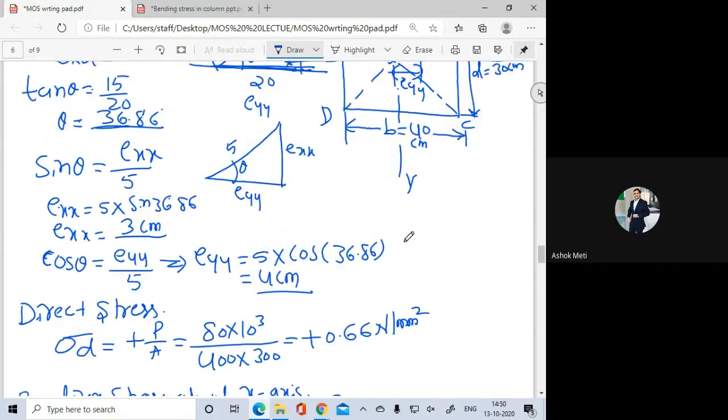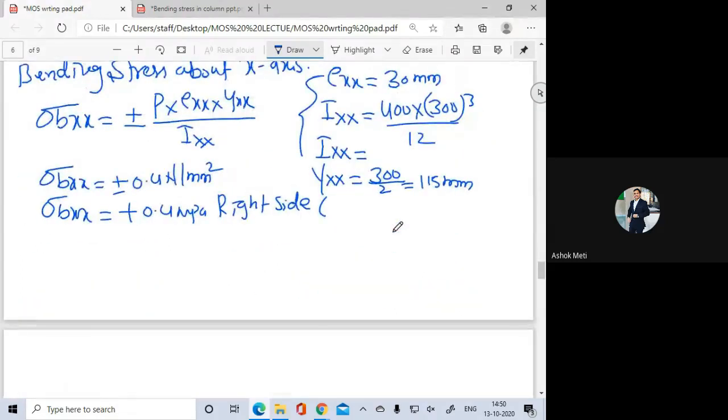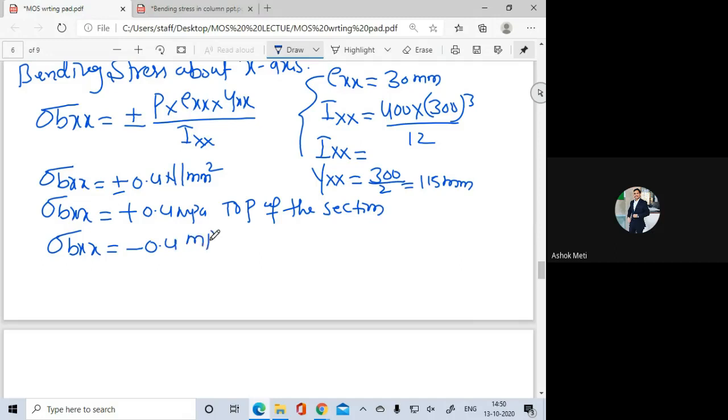So this positive is nothing but at the top of the section. Similarly, sigma bxx minus 0.4 megapascal is the bottom of the section.